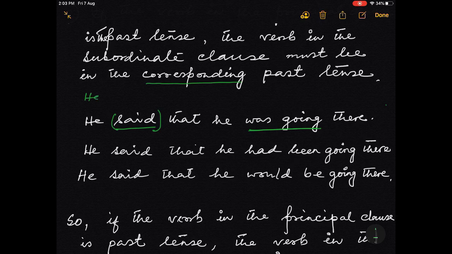He said, comma, I am going there. It was like this before combination.